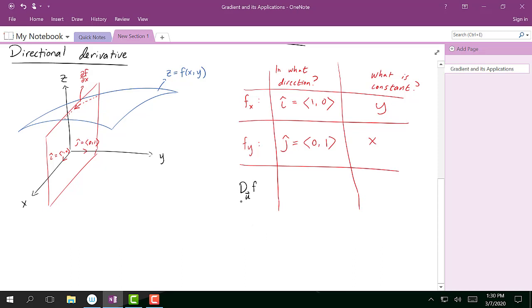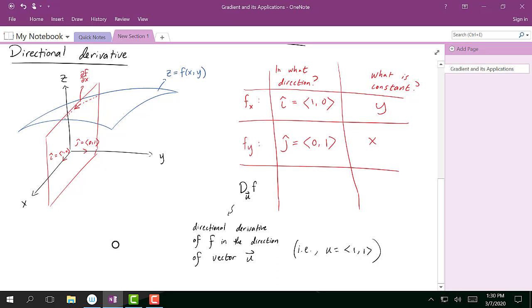So what this means is this is the directional derivative of f in the direction of vector u. And so maybe, for example, u could be the vector, I'm not sure, 1, 1.